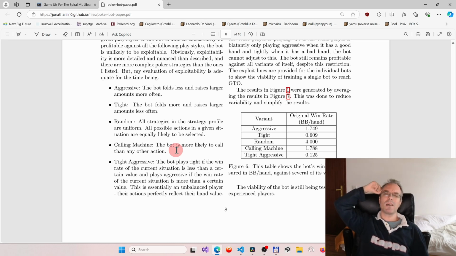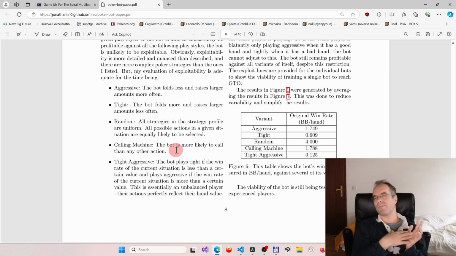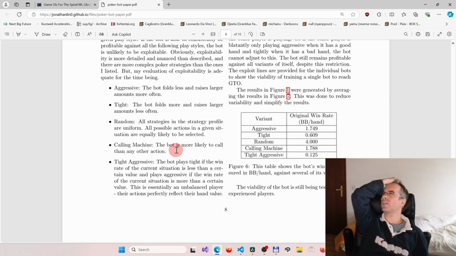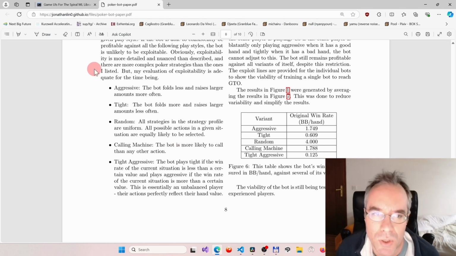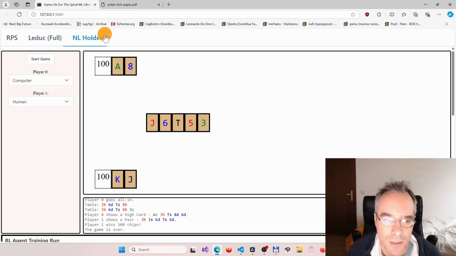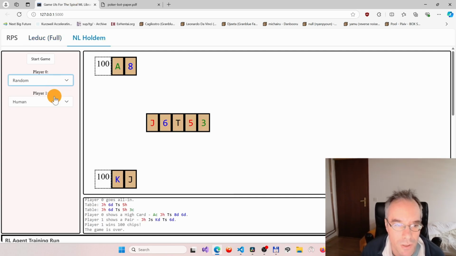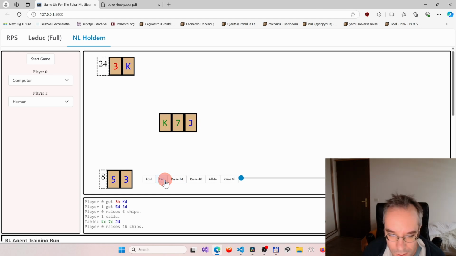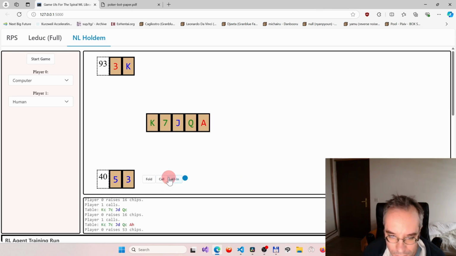And the problem with the random player is that even though it does some folding, it will fold to small bets some of the time, but it will generally act as a very aggressive player, and it will frequently go all in. It's possible to actually demonstrate this. Let's go into no limit hold'em. We'll do a random, and it's just raising all the time.